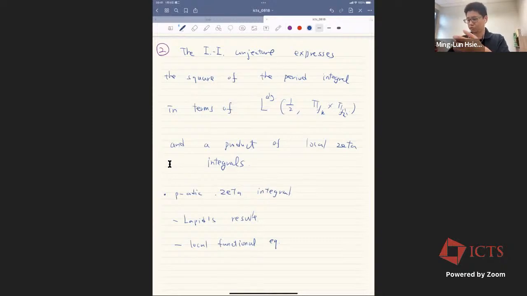Okay, and which can be evaluated explicitly. So this modified Euler factor actually appears from the local functional equations. So this is the place. Also, Zheng Liu pointed this out. This is the place we got the modified Euler factor.